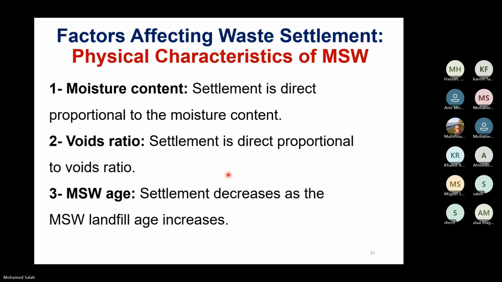Also, settlement is inversely proportional to the age of the municipal solid waste. So the older the municipal solid waste, the less the settlement. This could mostly be attributed to the fact that for an older waste, much of the biodegradation reactions would already have occurred, so the settlement will decrease.